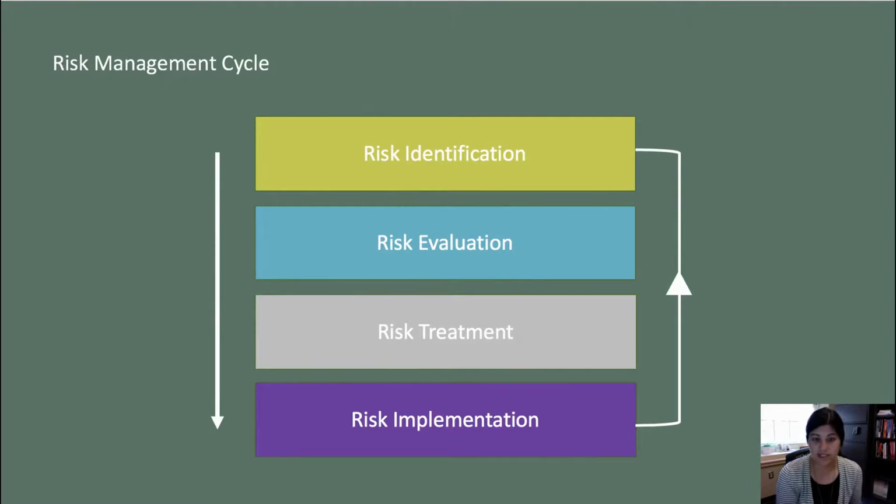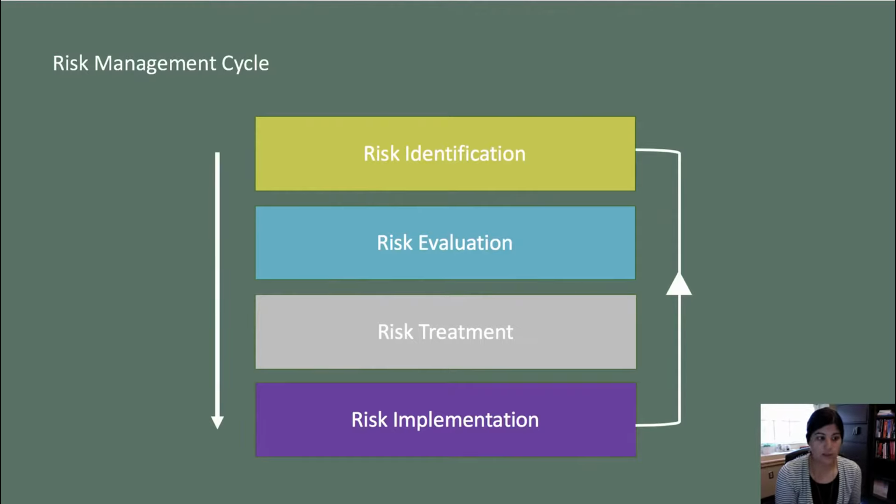There's implementation of managing those risks that have been identified. And then you can see in this model, we go back to the beginning. So this process of risk management is not something you would start on a Monday and finish on a Friday. It's something that is continual and something that needs updating consistently in order to have effective risk management.